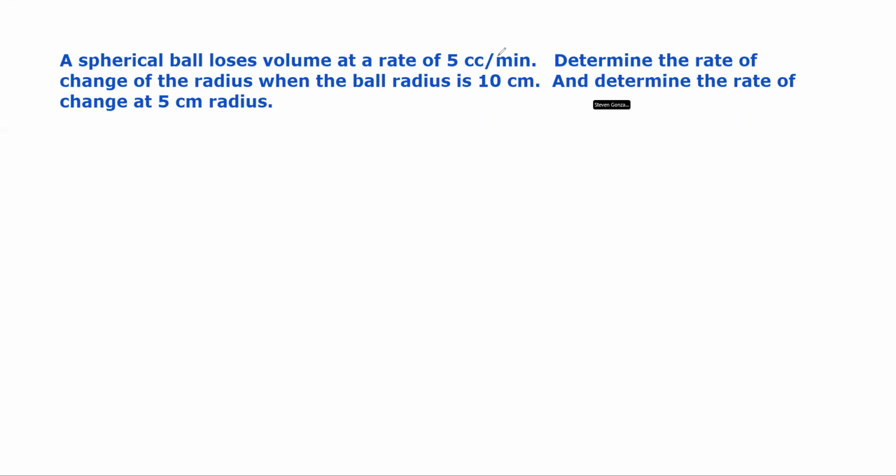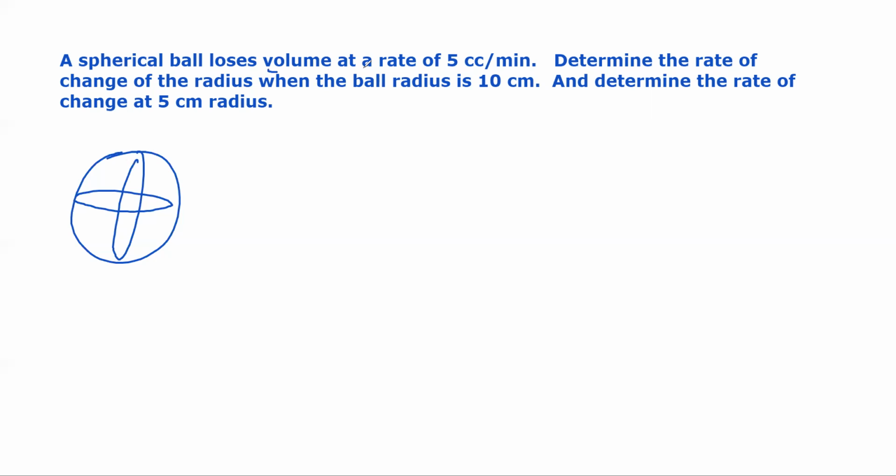In this particular case, a spherical ball, maybe a beach ball, maybe I can even draw it. It's losing air. And of course, as it loses air, it's losing air at a constant rate.